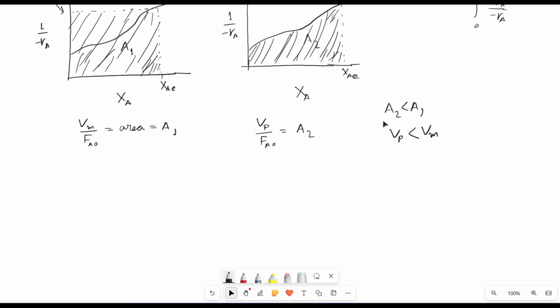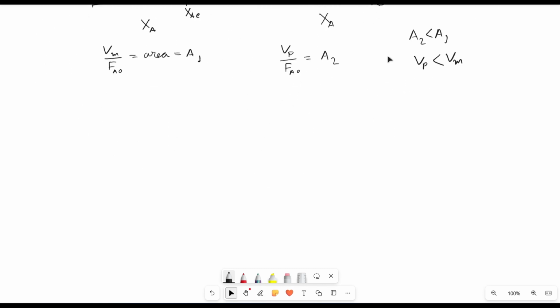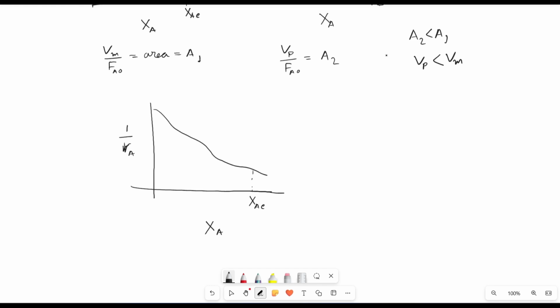And suppose another case. Now the rate expression curve is like this, and this is the XAE outlet conversion. Now if we use mixed flow, the area will be this one.